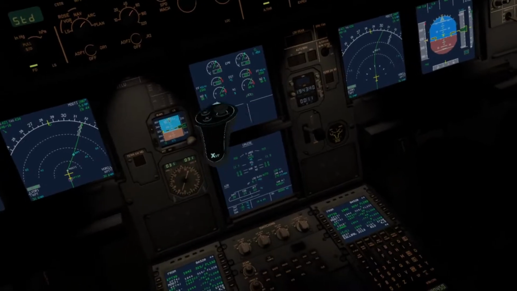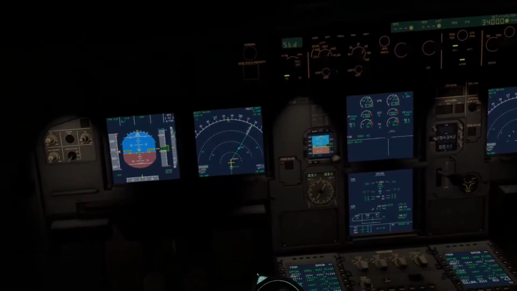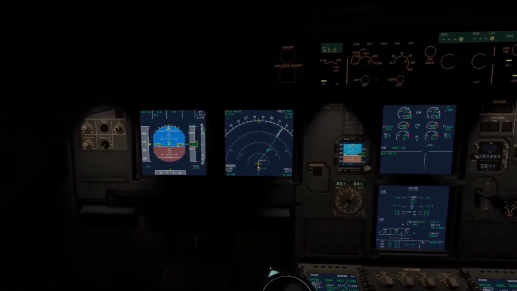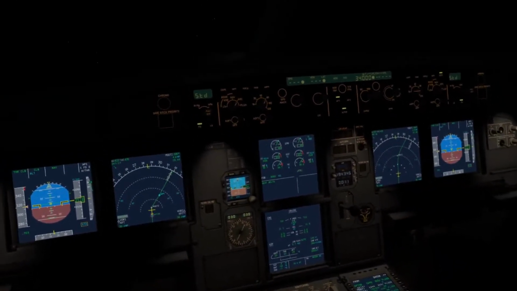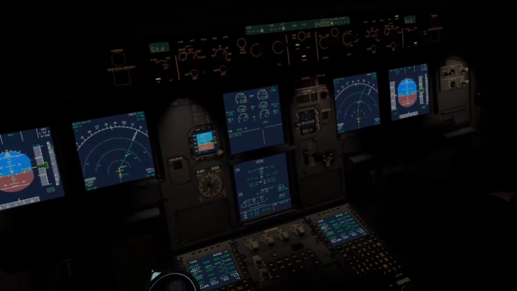Yeah, I'll talk about the engines in a bit, because the values seem pretty astonishing to me.